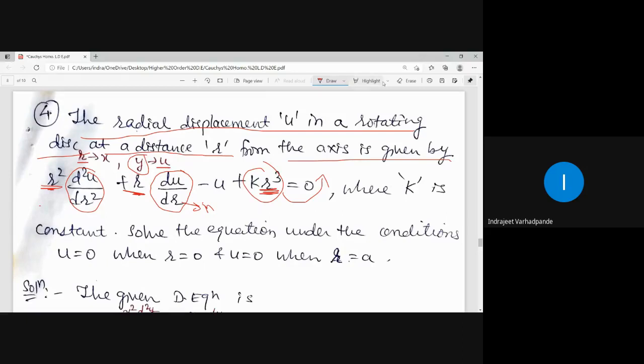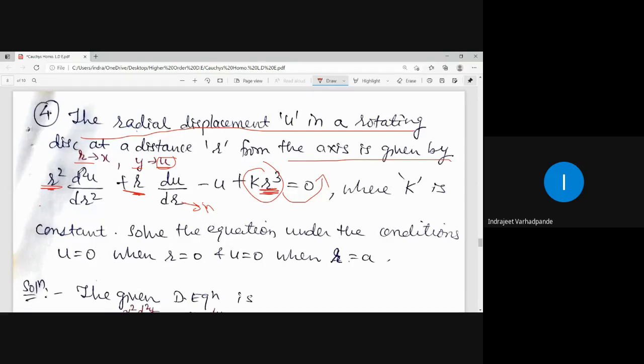So for your understanding, note that here x is playing the role of r, and y is being used as u. So this is also identified as Cauchy's homogeneous linear differential equation with dependent variable u and independent variable r.